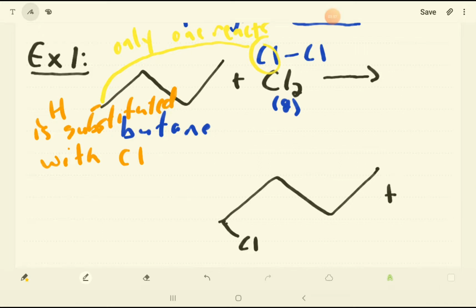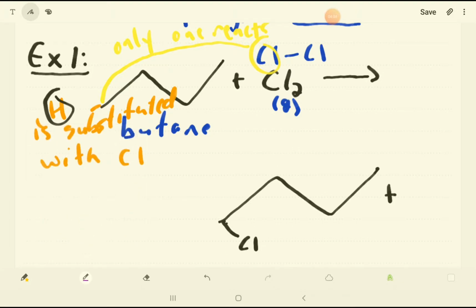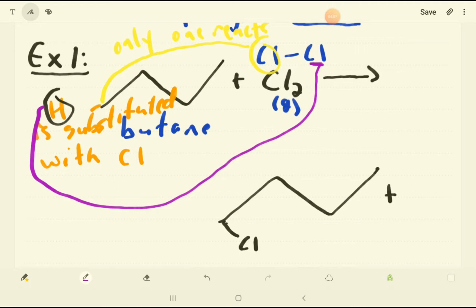Well, when that hydrogen gets substituted, it in turn is going to bond with the leftover chlorine. And so we're going to have HCl.